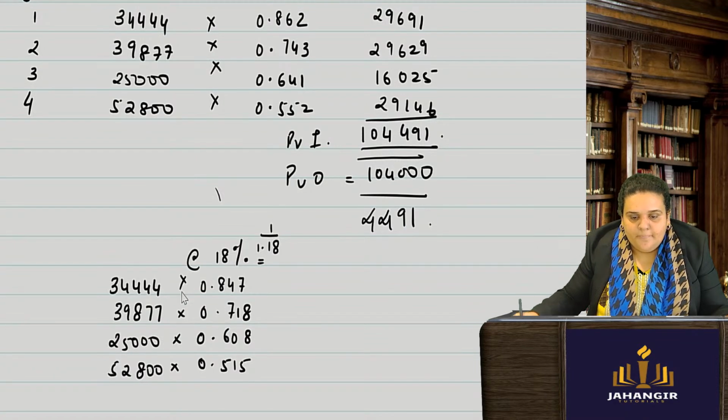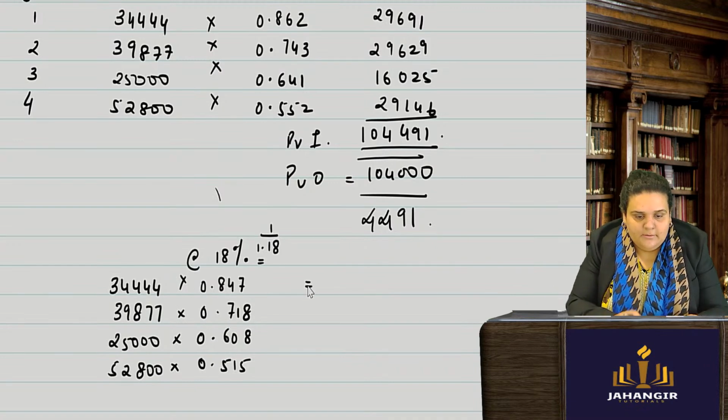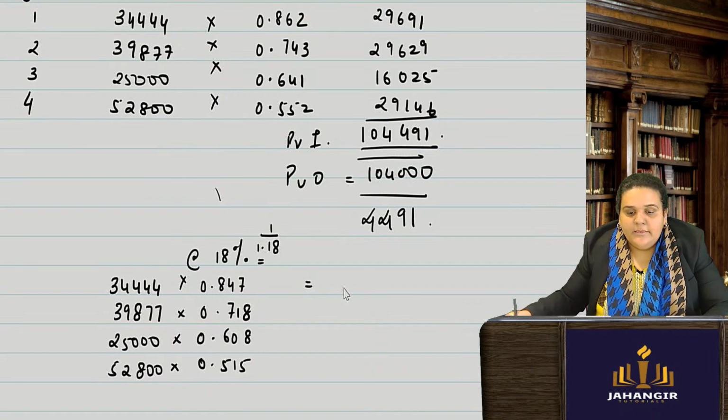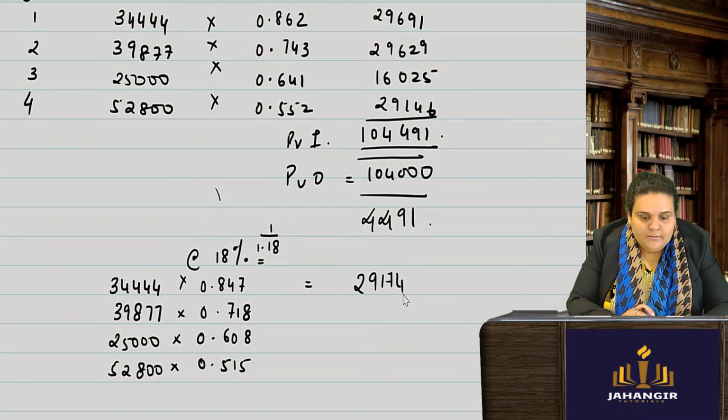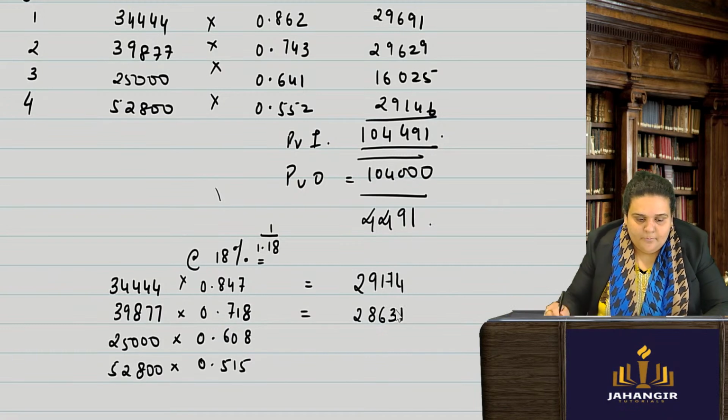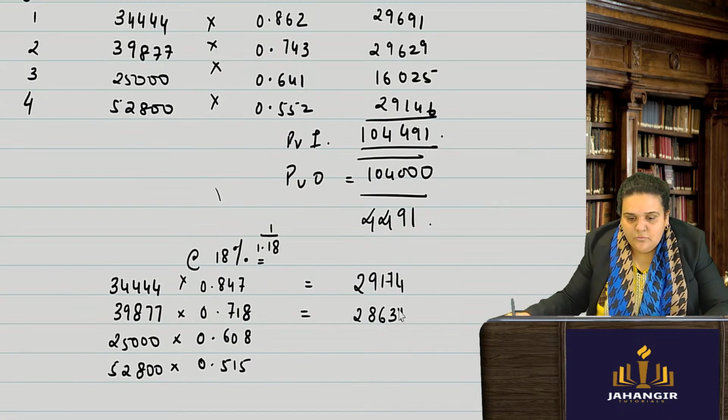Let's multiply and check. 34,444 into 0.847 will come to 29,174. Then 39,877 into 0.718 is 28,631, or you can take 632.